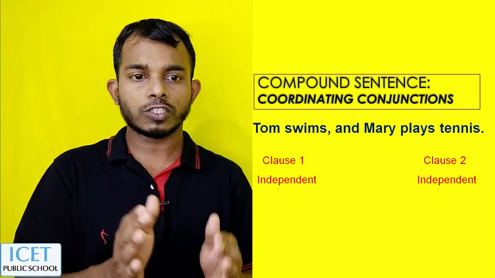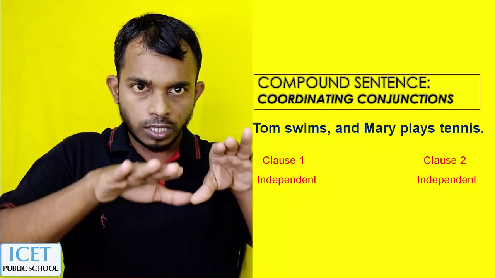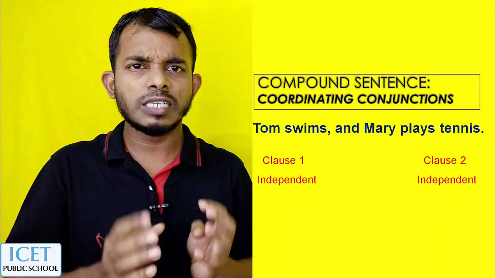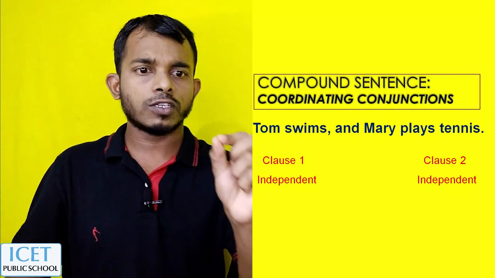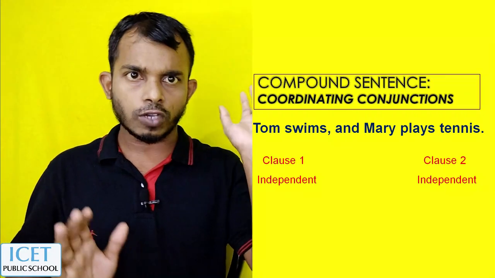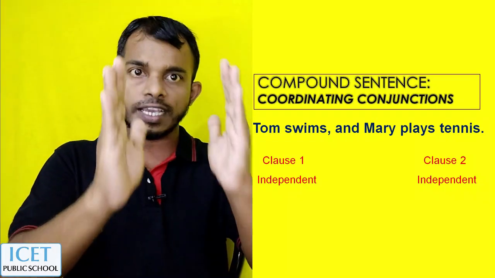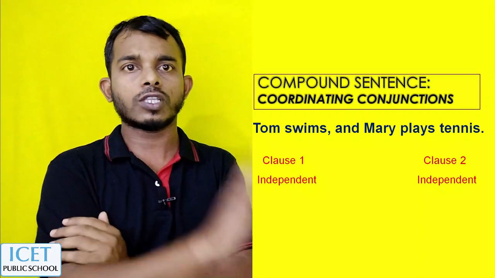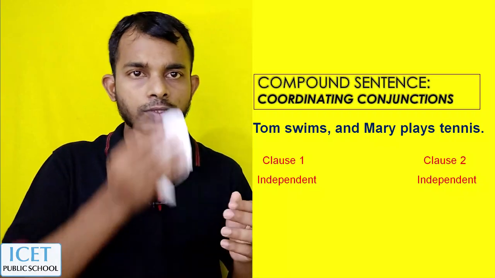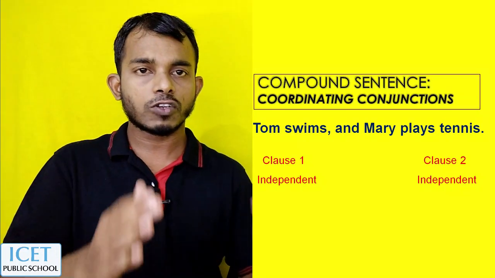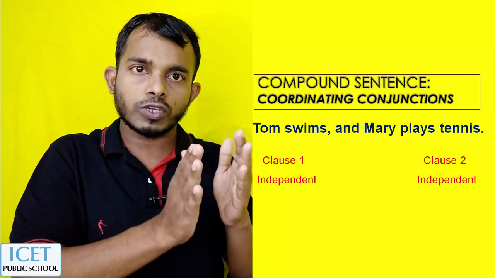That is, clause 1 is Tom swims and clause 2 is Mary plays tennis. Both clauses are independent. What is independent? That means it can stand alone. If you put a full stop after Tom swims, the sentence is complete, so that clause can stand alone even without the second clause. Such a clause is called an independent clause. Got it? The second clause, Mary plays tennis, can also stand alone.